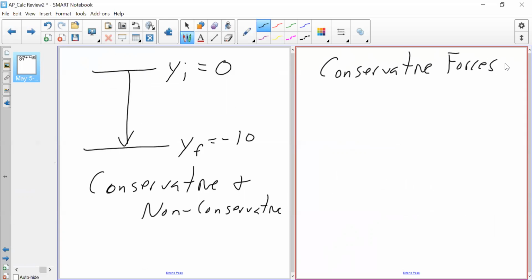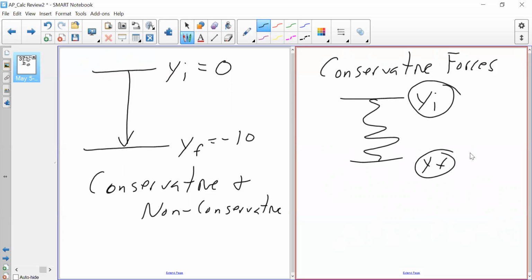The work that's done in a conservative force field is independent of the path. So if you start at the top here, you go to the bottom, and you do something like this, the path is unimportant. It's all about the points. Final minus initial. That makes our lives easier. When I talk about distance, we're talking about displacement, which is the difference between the points.